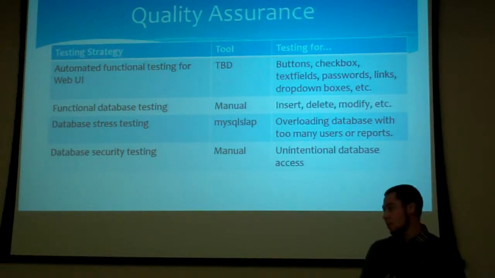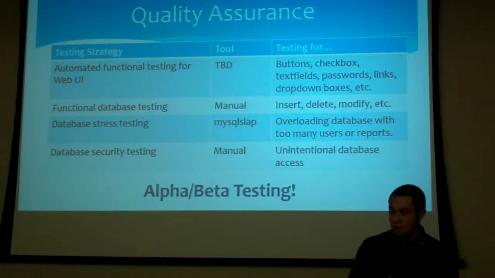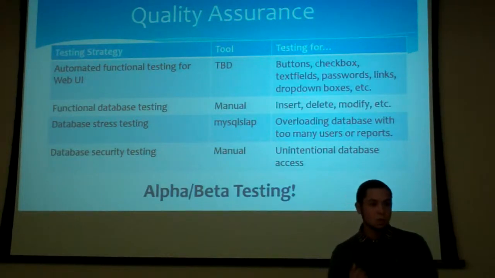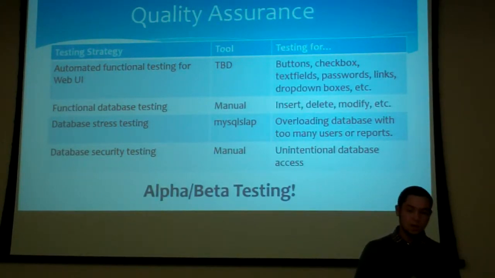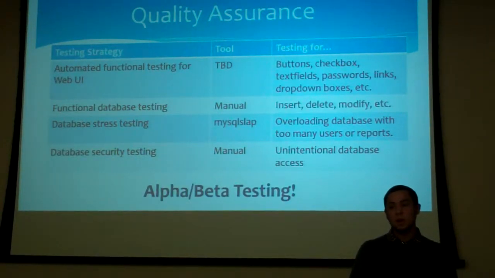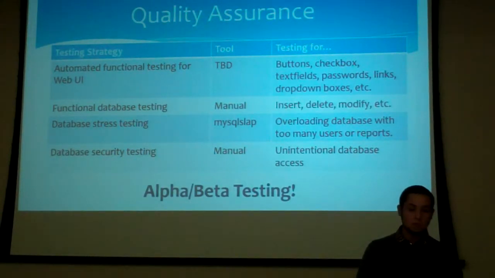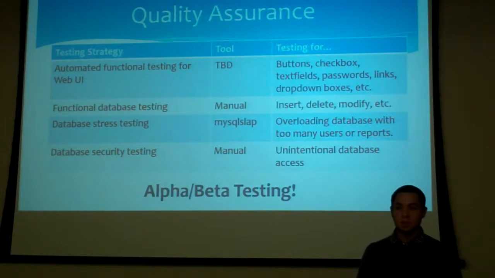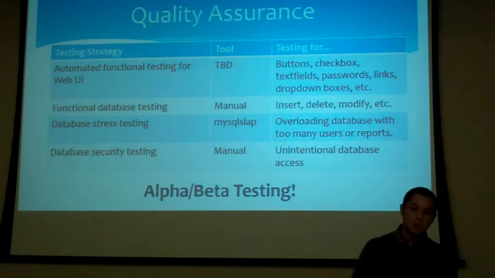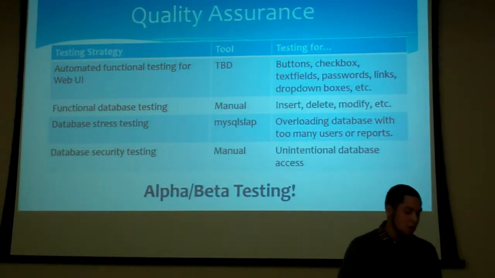And then lastly, alpha beta testing, which is key, because since our product is a completely new system, the requirements will always be changing, so we will launch alpha and beta tests for our client to try out to get his opinion and feedback on our product.